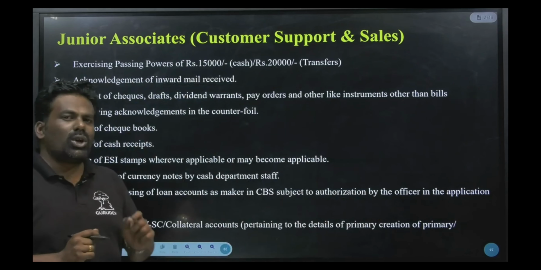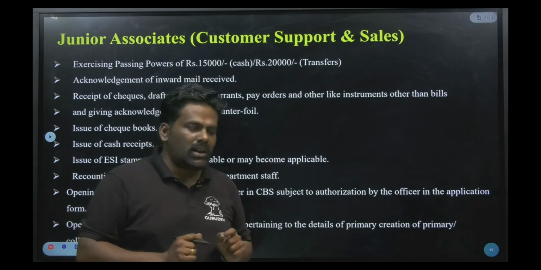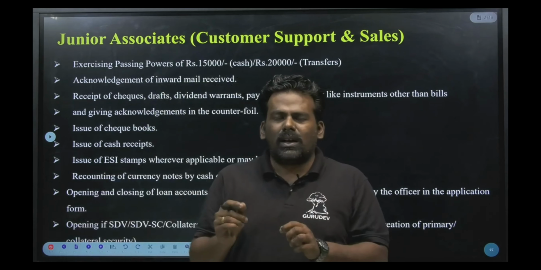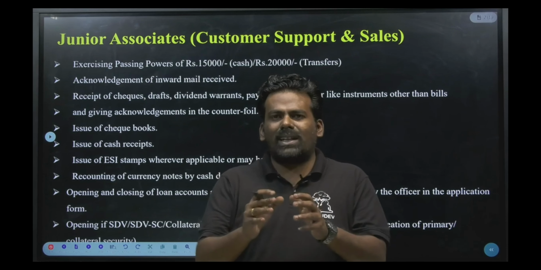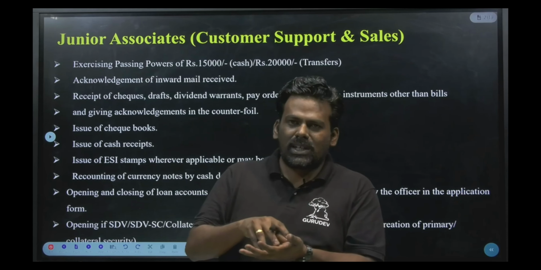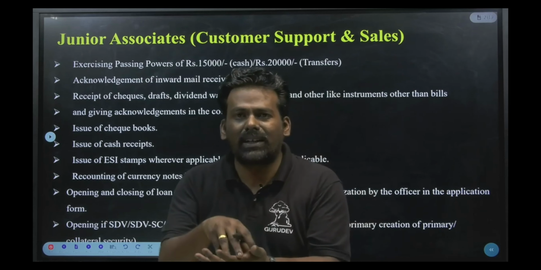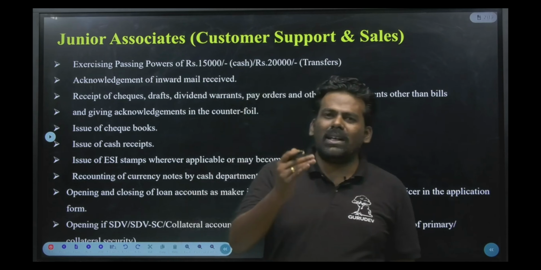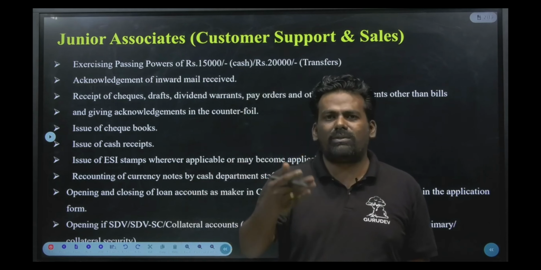Now, if you join the bank as a junior associate, usually in any branch, the customers will come in contact with the junior associate. So the junior associate will be the first point of contact for any customer in the bank. You will be dealing with the basic enquiries of the customers.